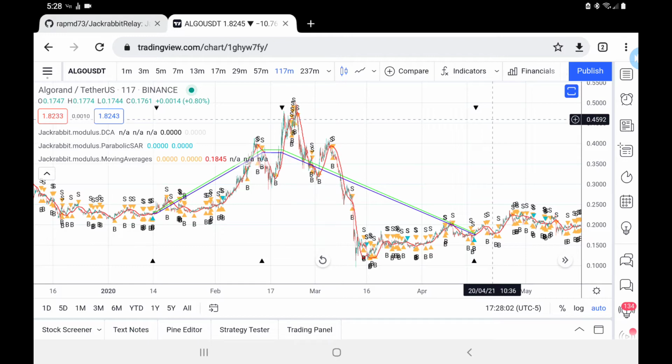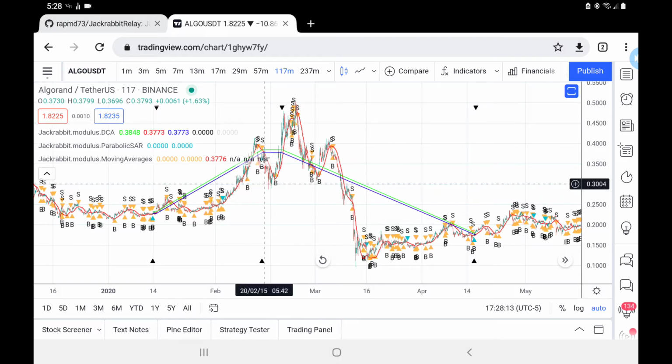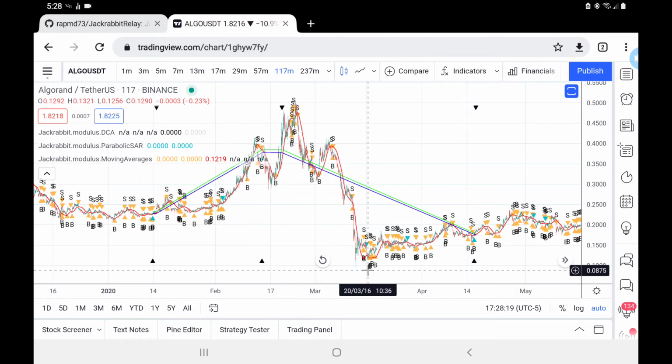Okay, March 2020, again the same pattern, except here it bought in and it sold off here, and it didn't get back in at all till down here.